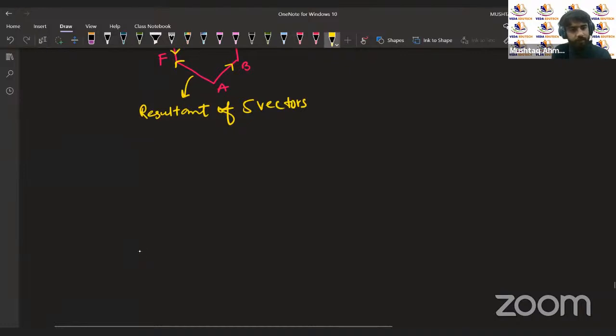So let's suppose that we have a regular polygon here.